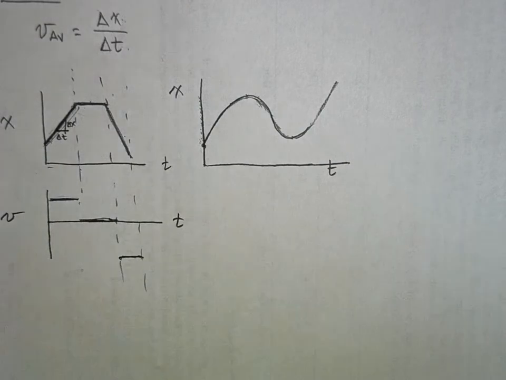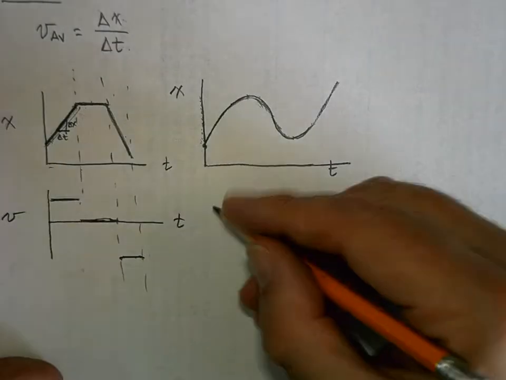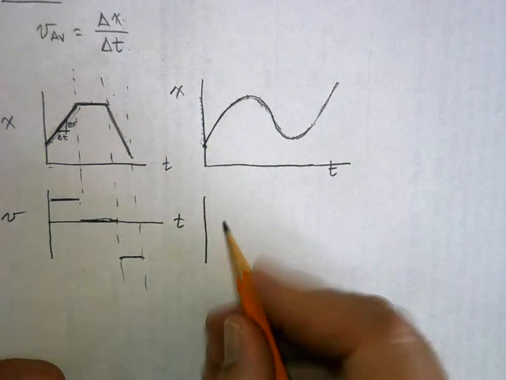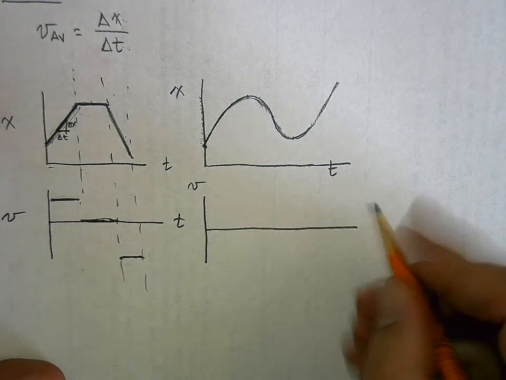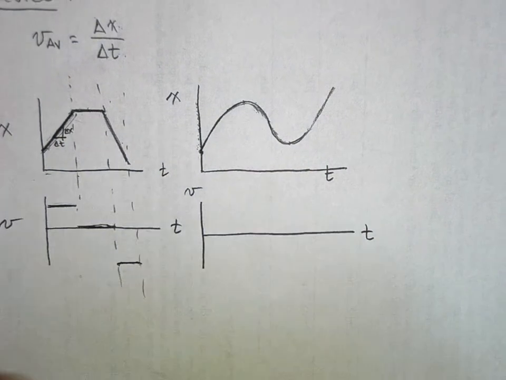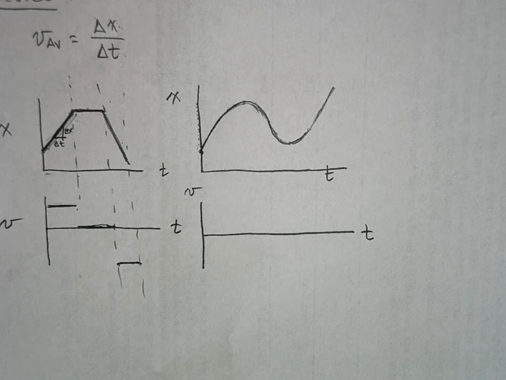Now, how are we going to draw the velocity versus time graph for this? Well, we have to use the idea of instantaneous velocity.